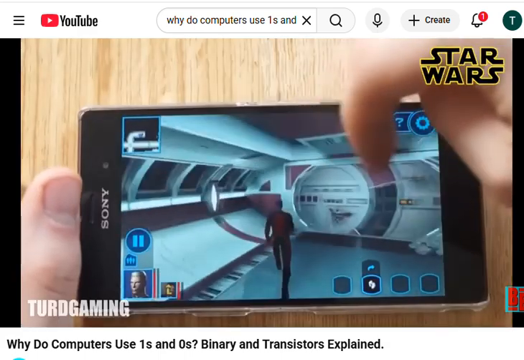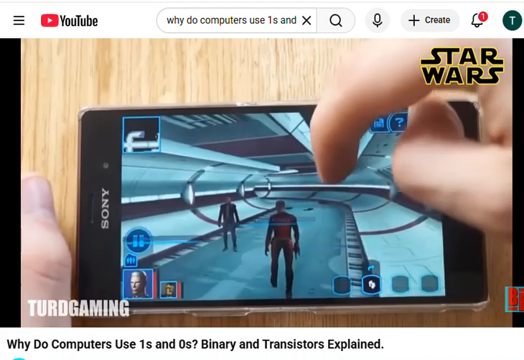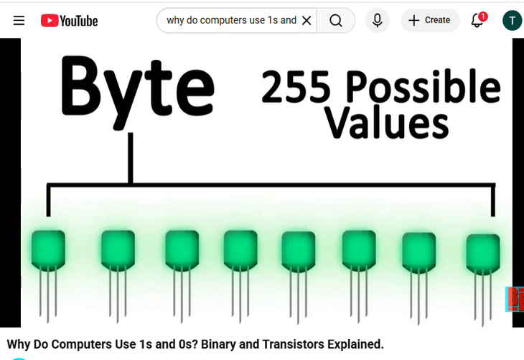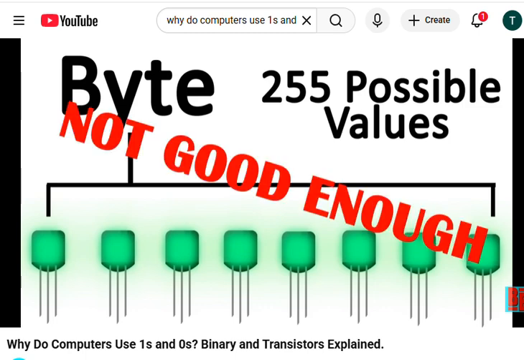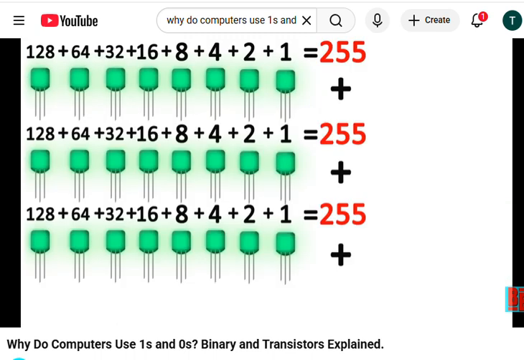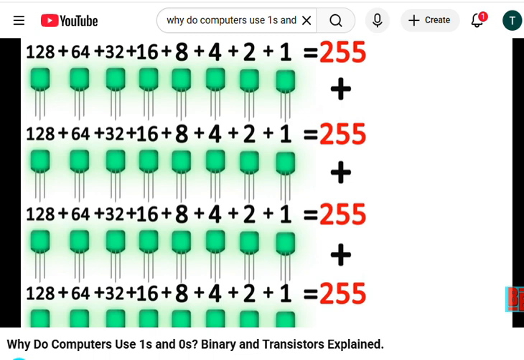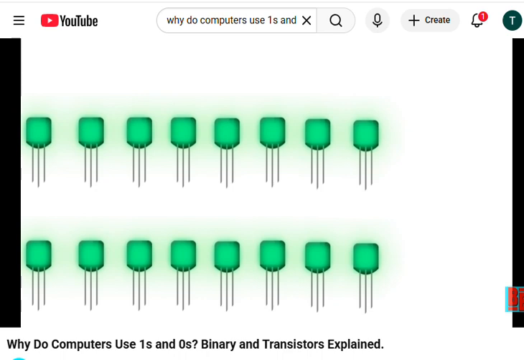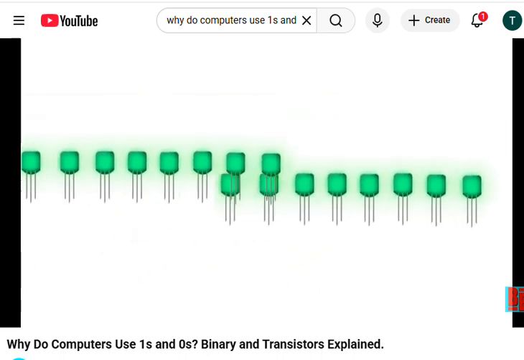Well, long before we got to the point where your phone can play three-dimensional games, it became clear that numbers as high as 255 just weren't going to cut it. Regardless of how many bytes we had, and it was a lot, even adding 4 fully active bytes together could only get a number as high as 1020. To solve this problem, new computers were designed to recognize 2 bytes as one single number.